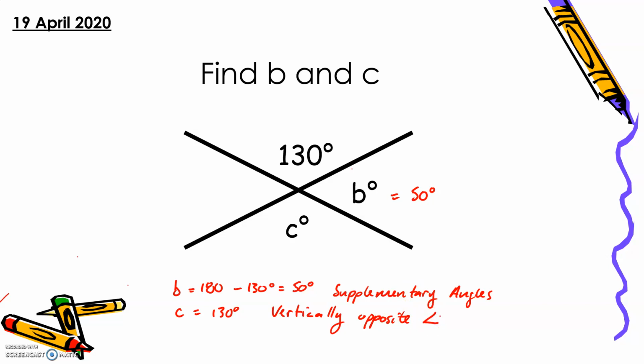Notice how I use the angle symbol as a shorthand, which you're welcome to do as well. Now the thing is with this question, I could have done it either way. I could have worked out C first and then used C and B as supplementary angles. There's no set rule or process. As long as you find the angle, that's fine.